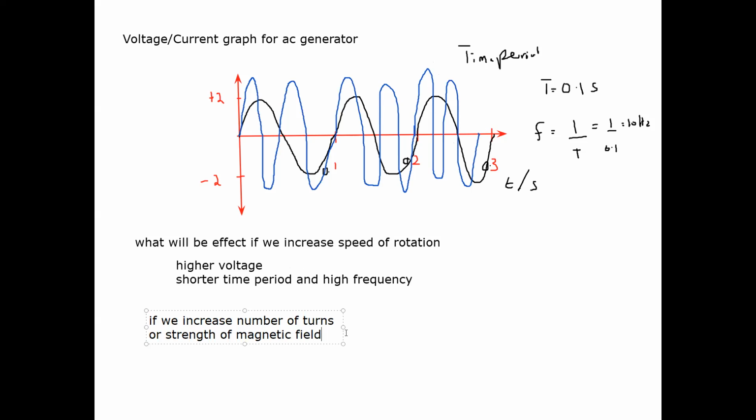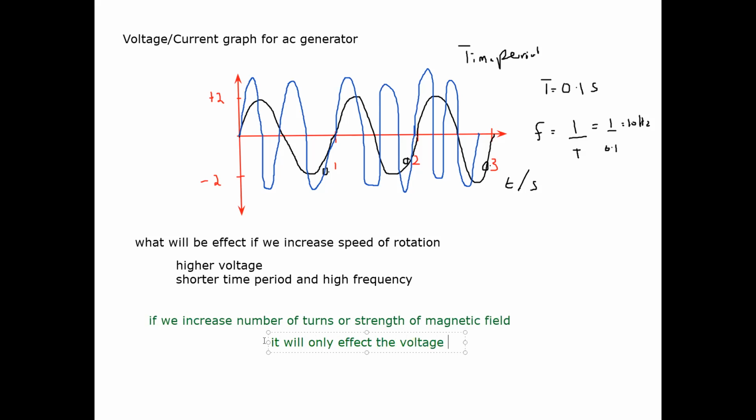If we increase the number of turns or use a stronger magnet, then it will only affect the voltage or current, but the time period and frequency remain the same.